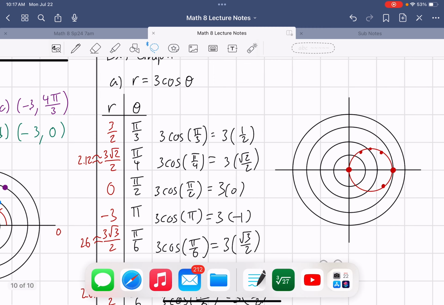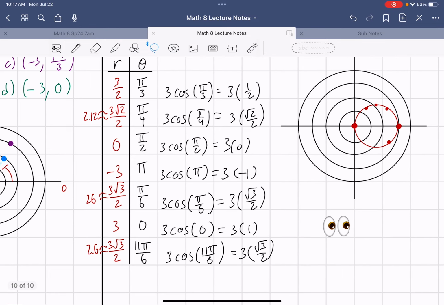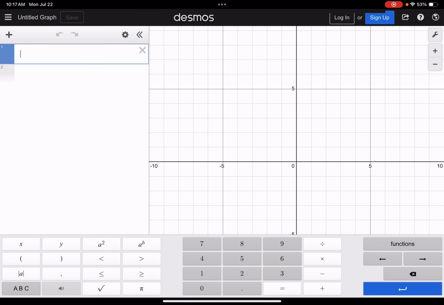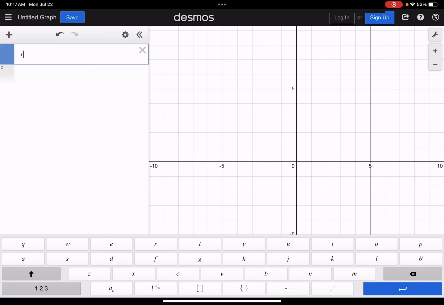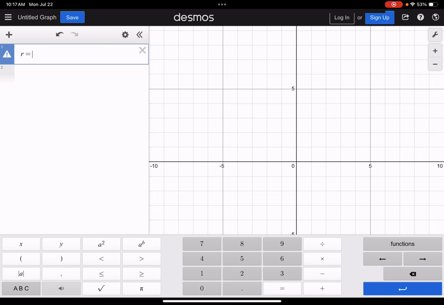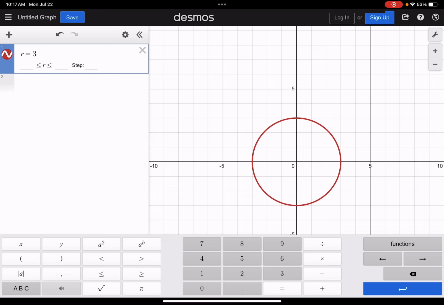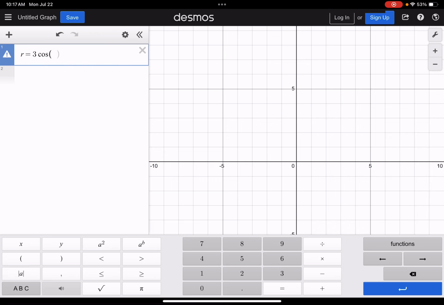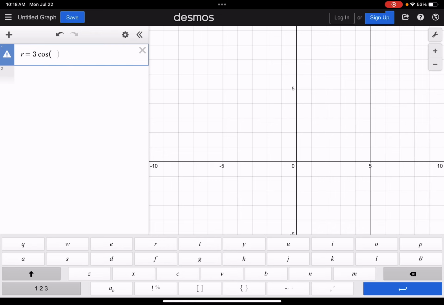And I can show you that. Also using Desmos, I can put r equals 3 cosine theta.